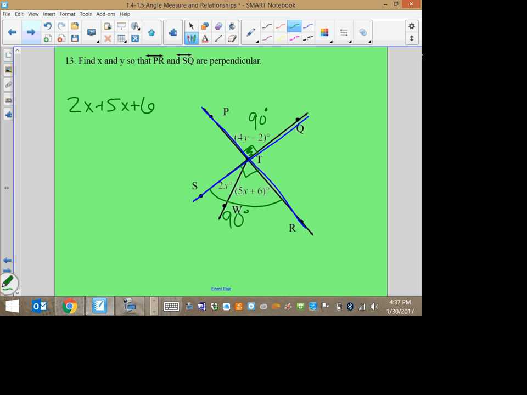Just like we were adding segments the other day, we can add the angles, and that has to equal 90. Combining like terms, I get 7x plus 6 equals 90. Subtract my 6, I get 7x equals 84. And then I get that x equals 12 by dividing by 7.